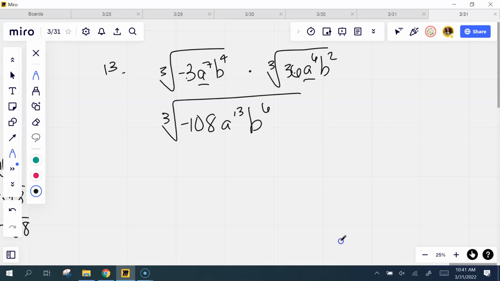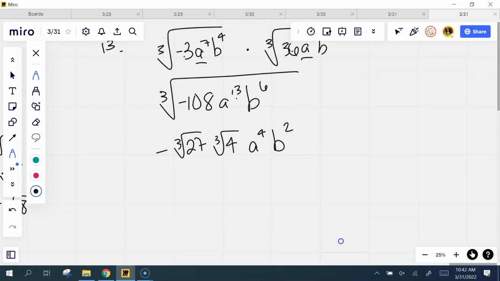108, can I split it up? 27 and 4. Cube root of 27, and I'm going to throw that negative outside. And 4. 3 goes into 13 how many times? 4. Looks exactly like what you were doing last night. 3 goes into 6. Oh, I forgot the remainder on the a. How many's left? 1.